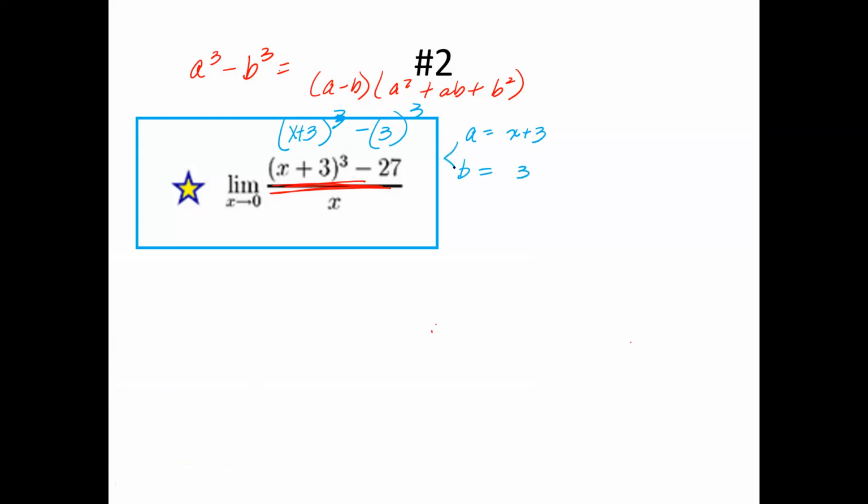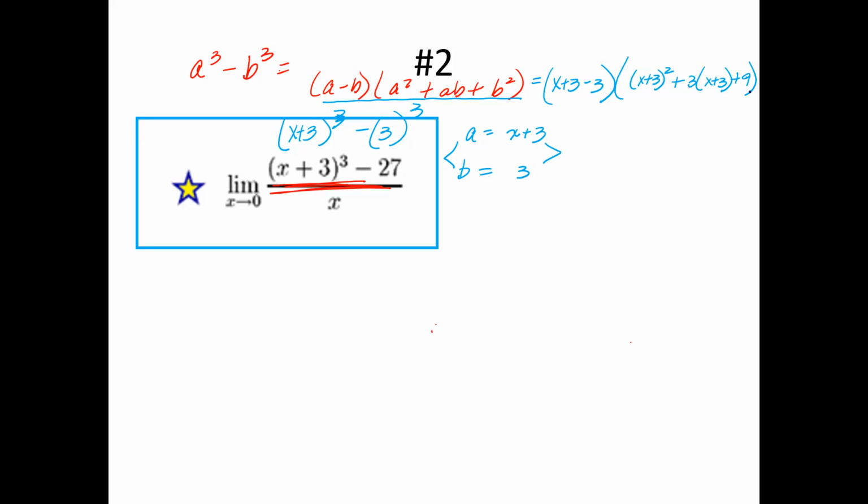So now that you have these two things, fill out this equation, which is equal to a minus b, that's x plus 3 minus 3, times a squared, so that's x plus 3 squared, plus a times b, that's going to be 3 times x plus 3, plus b squared, which is 3 times 3, and that's 9.